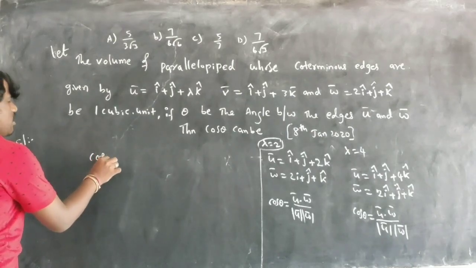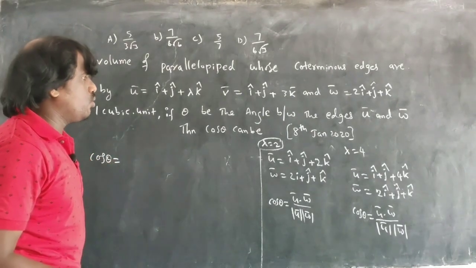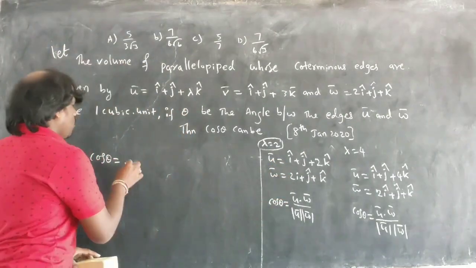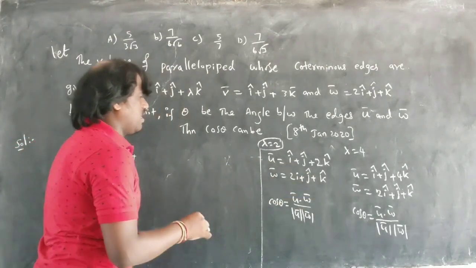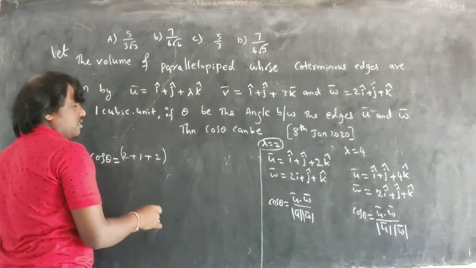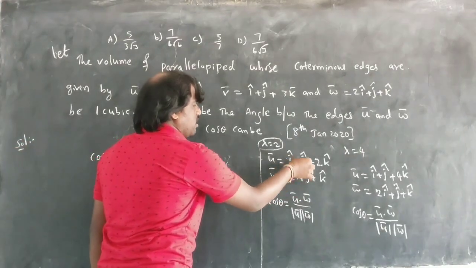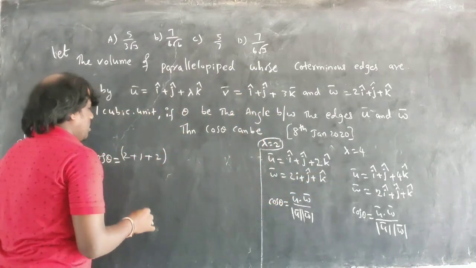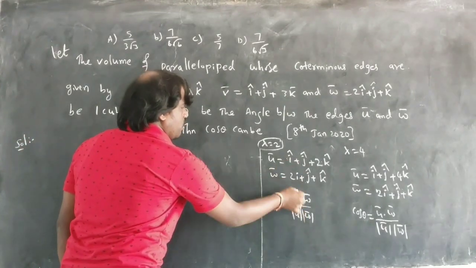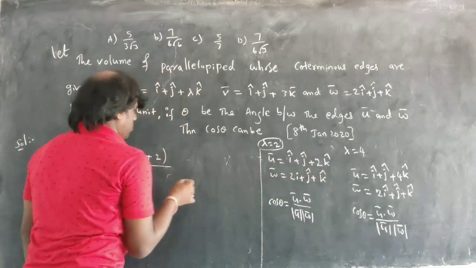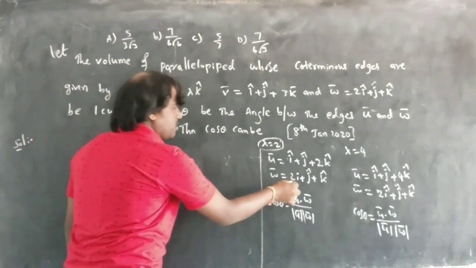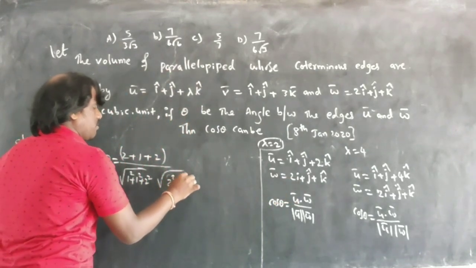Cos theta is equal to u dot w. If I do the dot product, 1 twos are 2, 1 twos are 2, 1 one is 1, I do i dot i, j dot j, k dot k, divided by the magnitude of u, which is square root of 1 square plus 1 square plus 2 square, and the magnitude of w, which is 2 square plus 1 square plus 1 square.